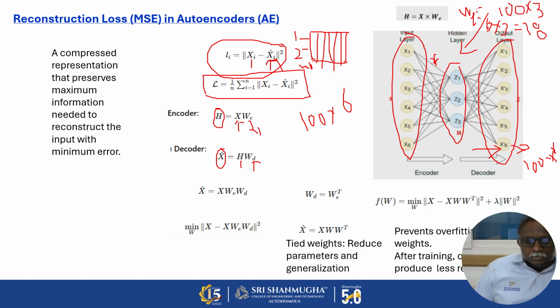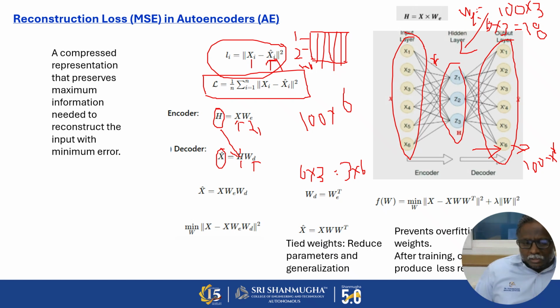When you substitute this value, we get X, W_E and W_D. W_E is the weight matrix of the encoder part, and W_D is the weight matrix of the decoder part. As I said, W_E is 6 by 3, and when you transpose it, it is 3 by 6. So these are tied weights.